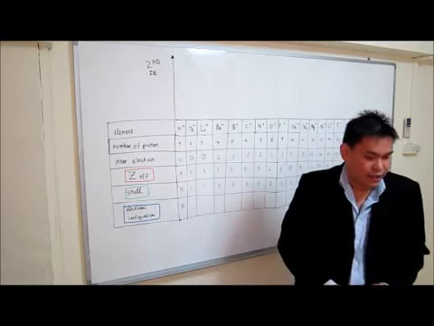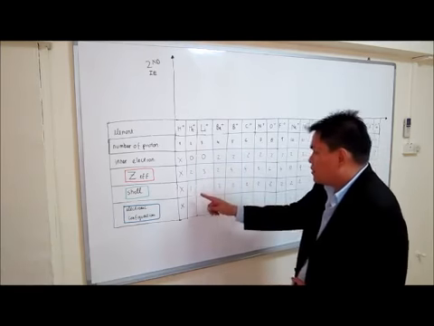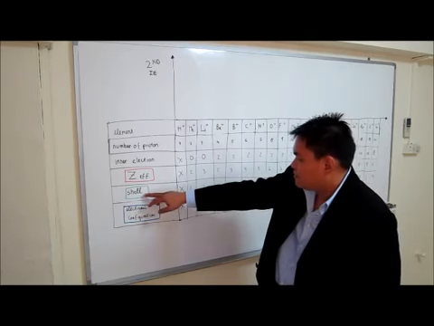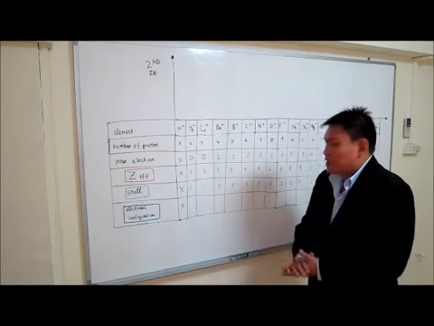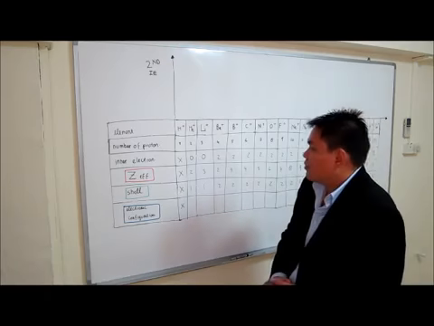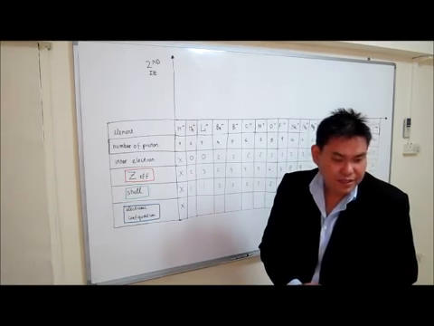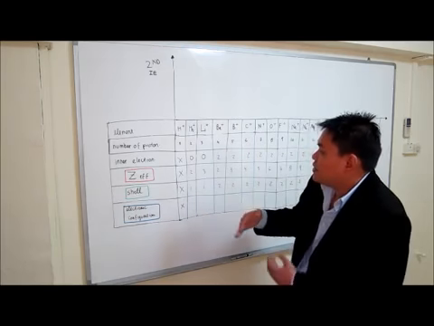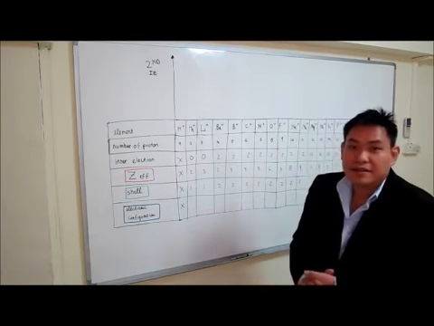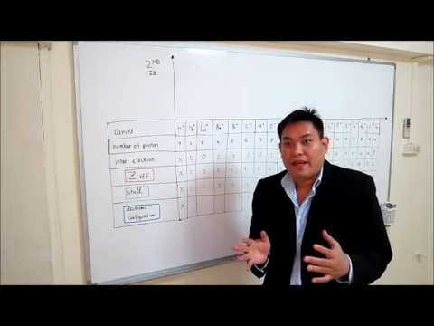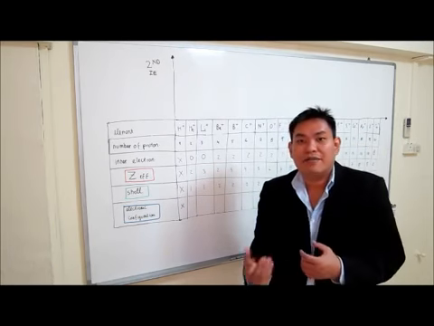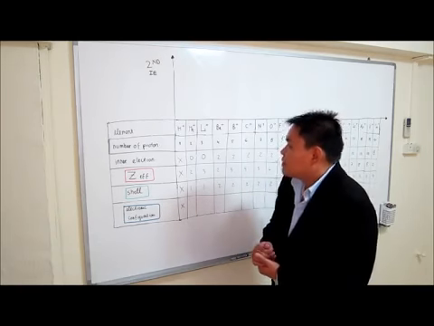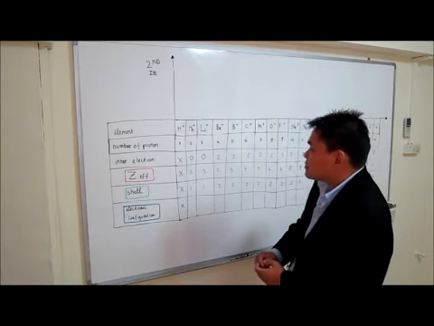Now my explanation of how this thing affects. If you have more electron shell, what happens to the second ionization energy is the ionization energy will be smaller, because ionization energy is a measurement of how difficult or how easy it is for you to remove the electron from that cation.